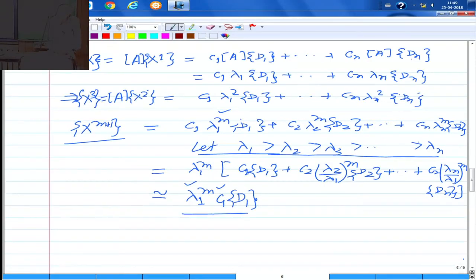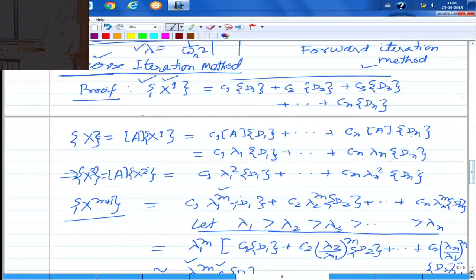So this is just a proof showing that if we pre-multiply the initial starting vector m number of times with A, then whatever resulting vector we get would be the mode shape corresponding to the highest eigenvalue of the problem. So this is the basic idea.